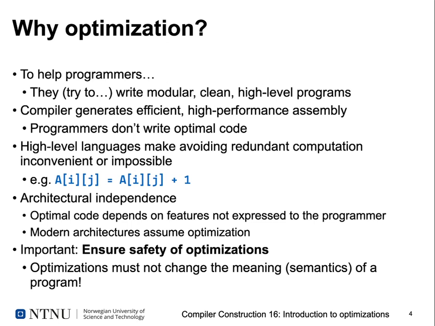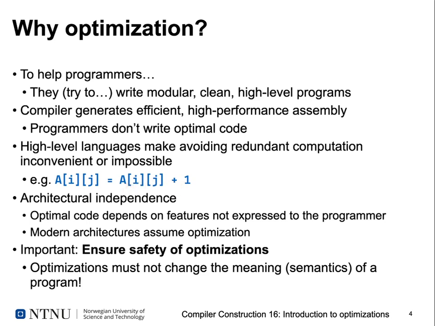So programmers don't write optimal code. What this means is that high-level languages very often make avoiding redundant computations in our code inconvenient or even impossible. So for example, if we write something like this, an assignment of an array A with 2 dimensions i and j, and we add 1 to it.